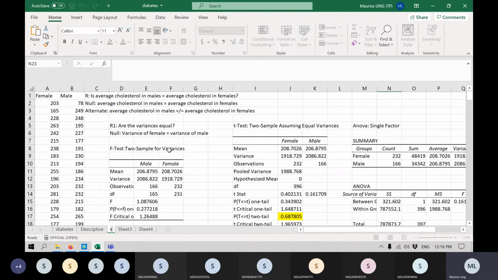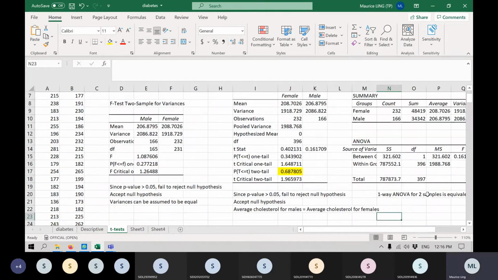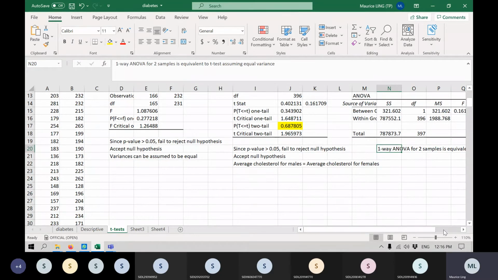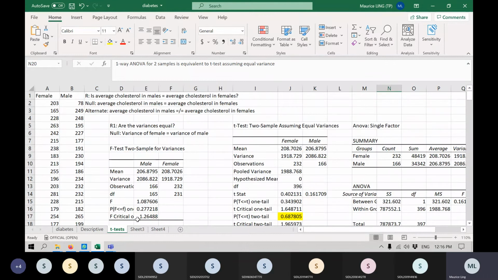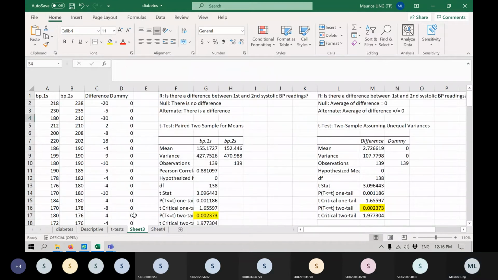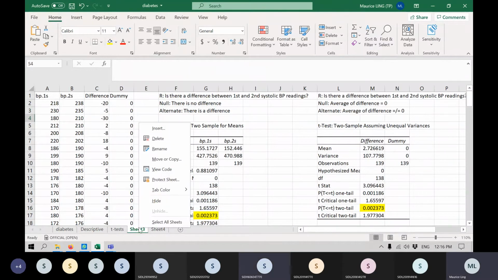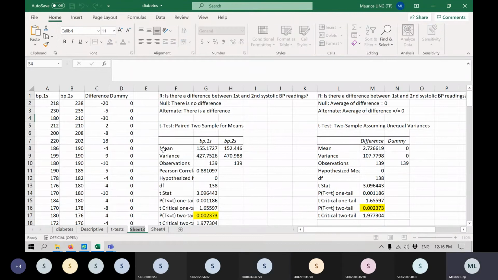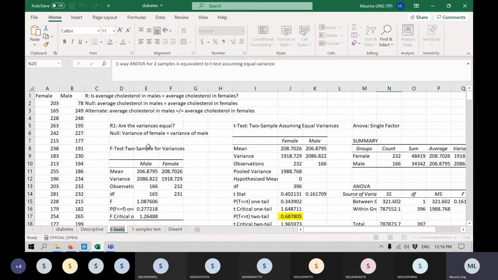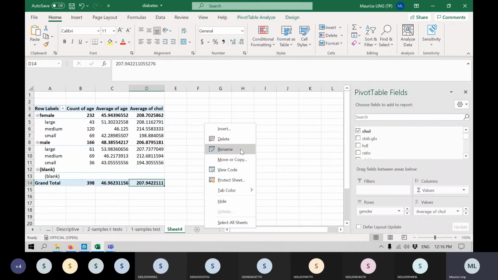Remember, your one-way ANOVA is actually equivalent to the t-test assuming equal variance. We also talked about the one sample test and the two samples test. And we talked a little bit about how to use this thing called pivot table.